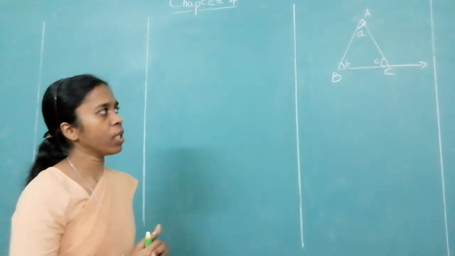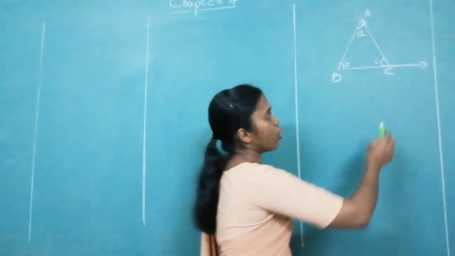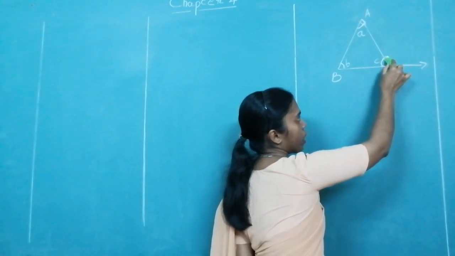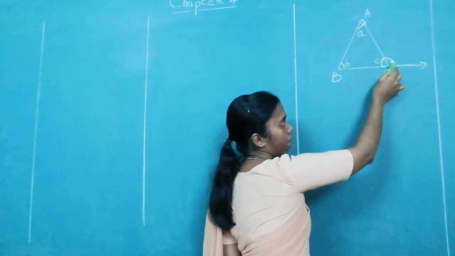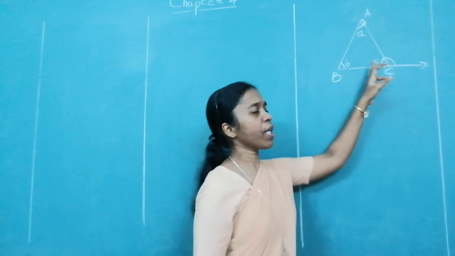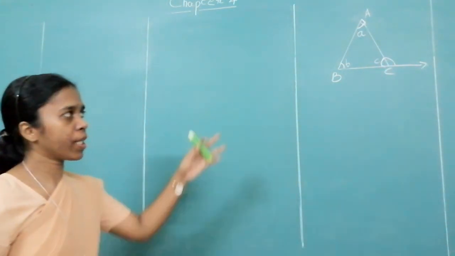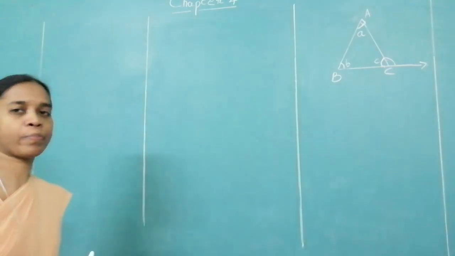Can you see that? Now, where is the exterior angle formed for this? The exterior angle formed is over here, the adjacent angle which forms a linear pair. Okay, please look at it.